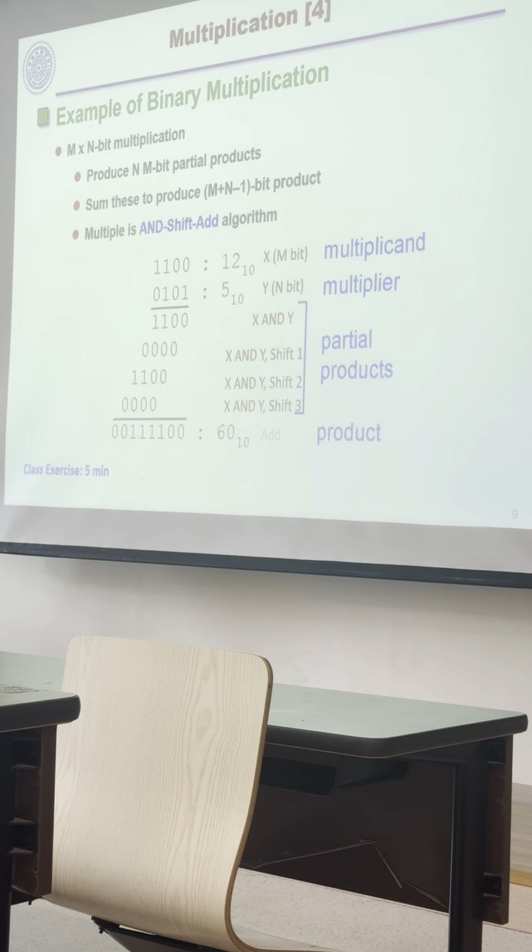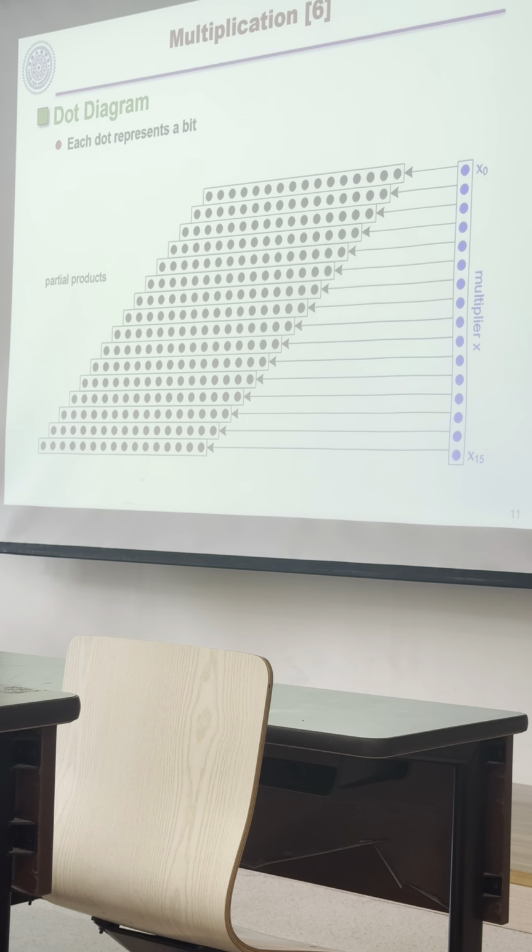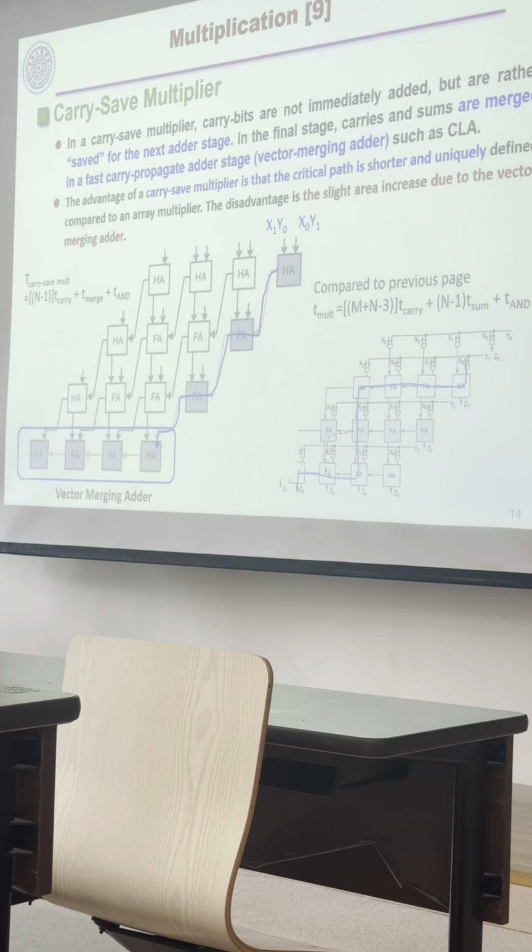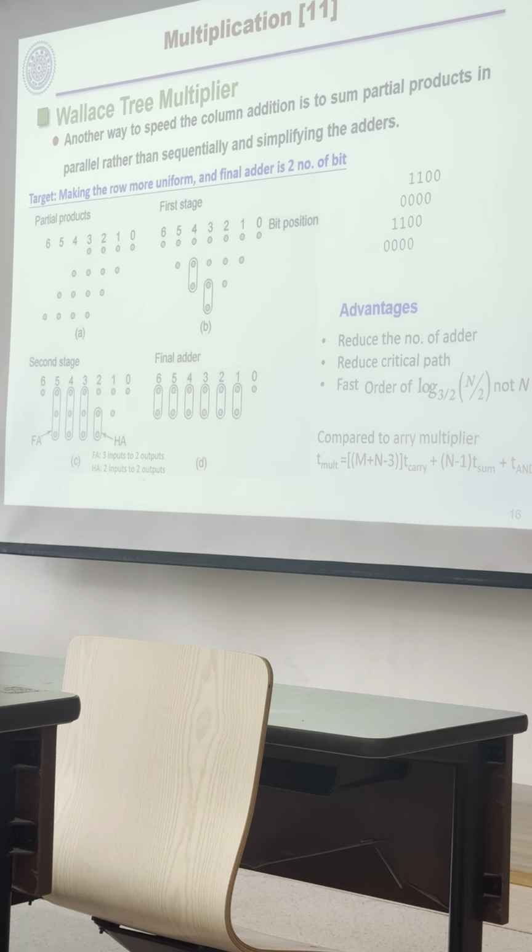And then the multiplier. We learned that the array multiplier is the slowest one, and then this carry-save multiplier is much better. And then this is the Wallace multiplier. So the key concept of the Wallace, I hope you remember it.